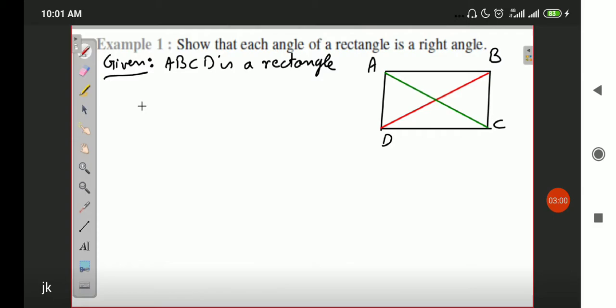We cannot use that very property to prove that very statement. We have to use different properties to prove that statement. So ABCD is a rectangle, fine and good. To prove that all the interior angles are right angles.